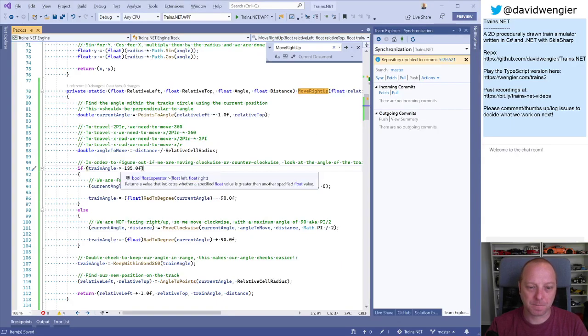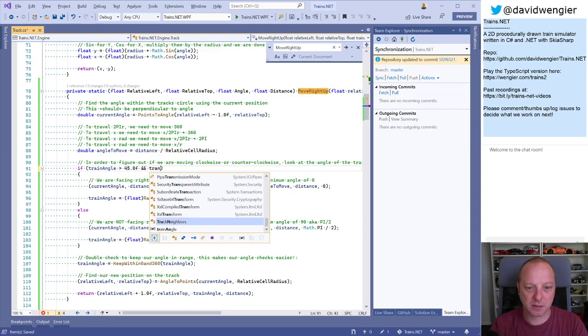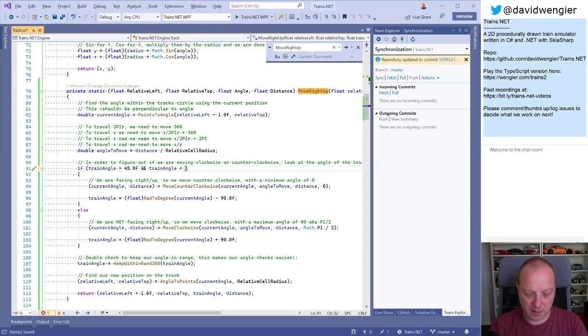Okay. Yeah, that makes sense. So if we're greater than 45 and less than 225, then we're going counterclockwise, and we need to specify this minimum angle.